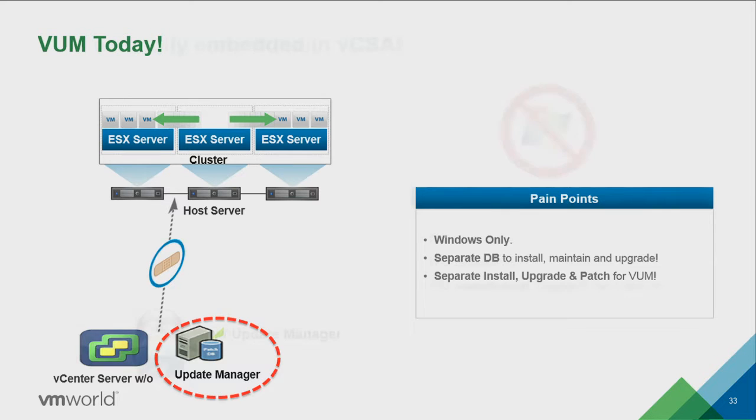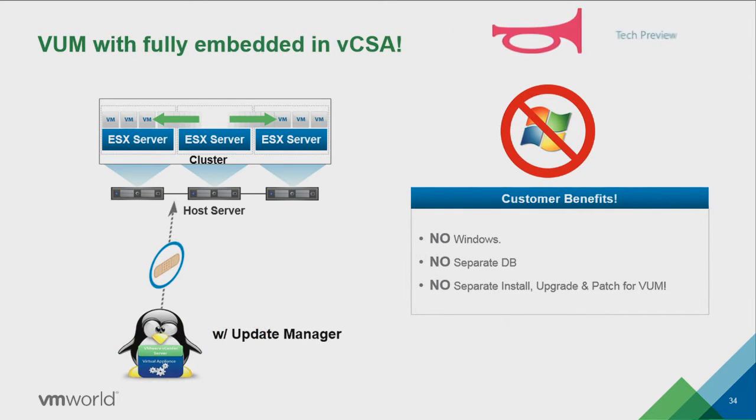So I think you're going to be happy with this. We are well within working on this, and we are going to have Vim fully embedded with the VCSA in the next major release, or at least that's the direction that we are thinking about right now. And this is a great move for all of you who have been looking at moving to the appliance.